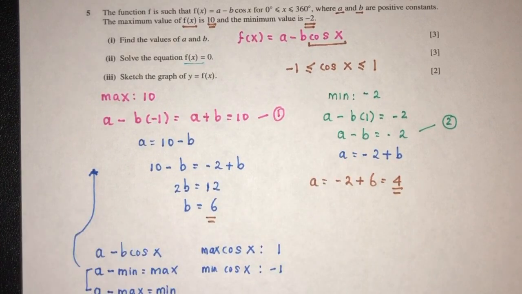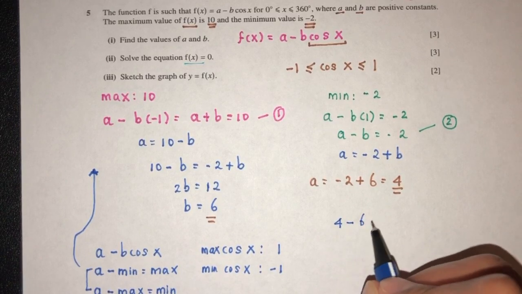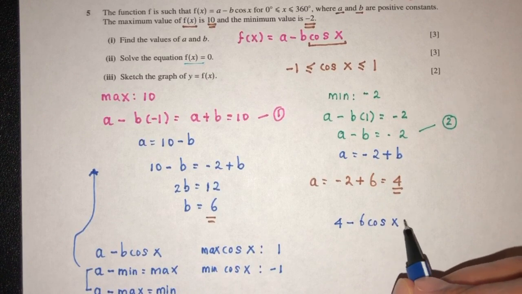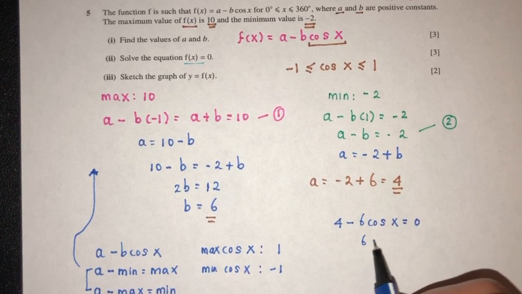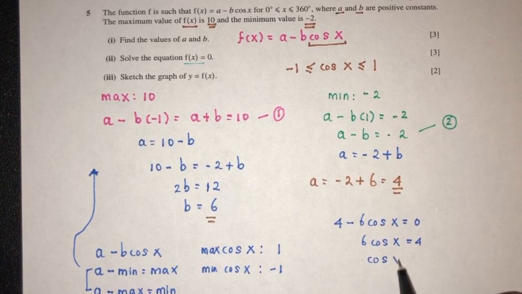So let's find out. So right now we have a is the value of 4 minus 6 cos x, that will be 0. 6 cos x will be the value of 4. Cos x will be the value of 2 over 3.